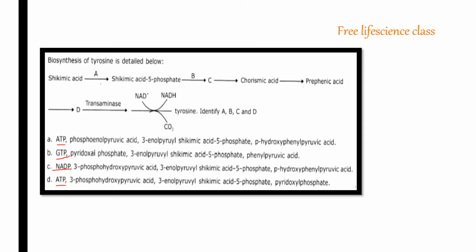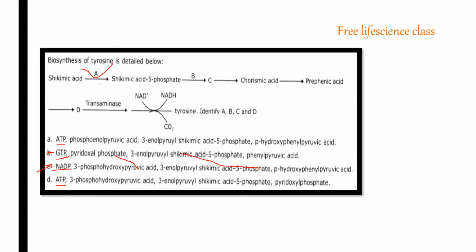In the conversion of shikimic acid to shikimic acid 5-phosphate, there is an ATP hydrolysis taking place. So the answer is ATP. You can eliminate 2 options from here itself and not look into them further. Now you can reduce to 2 options.